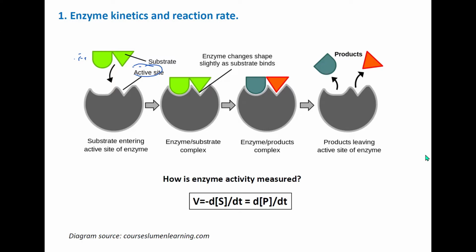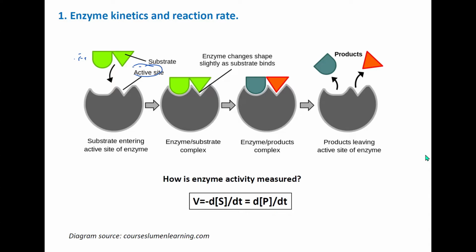The substrate will now bind to the active site and form an enzyme-substrate complex. Then the active site of the enzyme will start catalyzing the substrate into products, and then the product is released. So this is what happens.